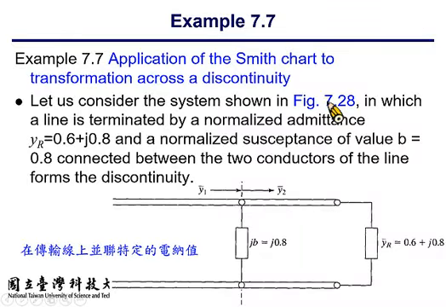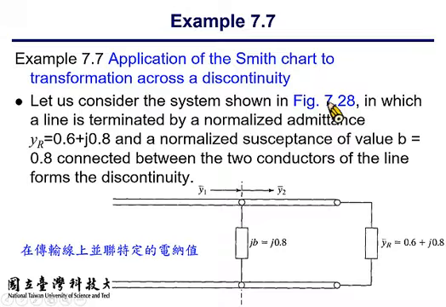And so if you draw the Smith chart, where's the position of 0.6 plus j0.8? 在哪里？0.6 加 0.8j，0.3、0.4、0.8，这边是1。大概这里吧。Okay.